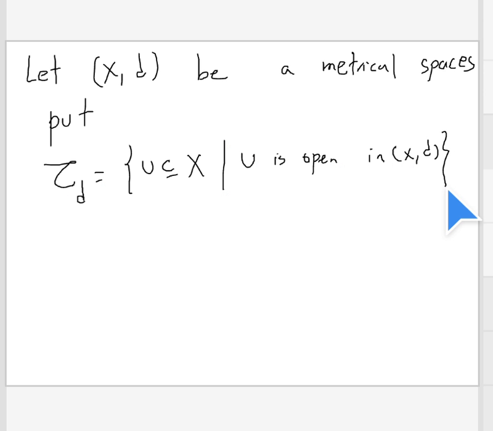This is a topological space. Thus, tau_d is a topology on X.